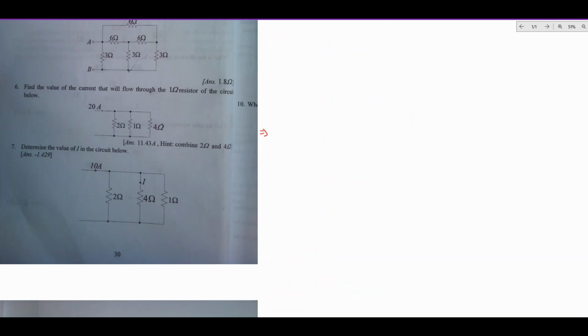Let me draw the circuit for question 7 also. So we have this circuit here.